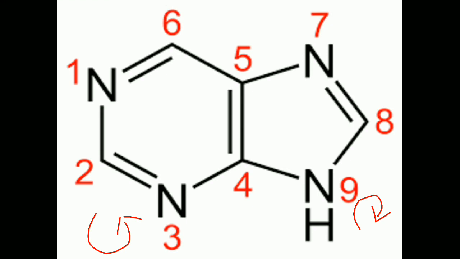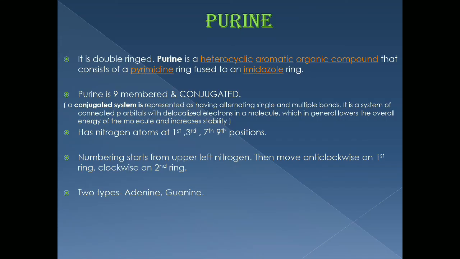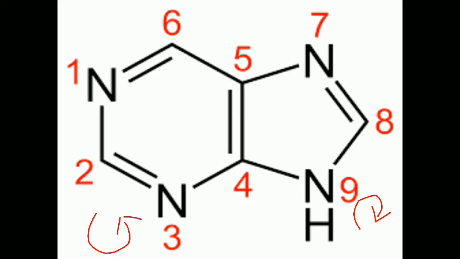Now, the nitrogen is present on the first, third, seventh, and the ninth position. So you can tally that now. So these were the 4 points which you need to remember, and this is the purine structure.